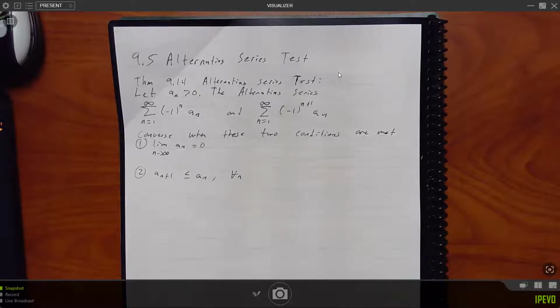So are we skipping 9.4? I think we did 9.4 already. Let me check.